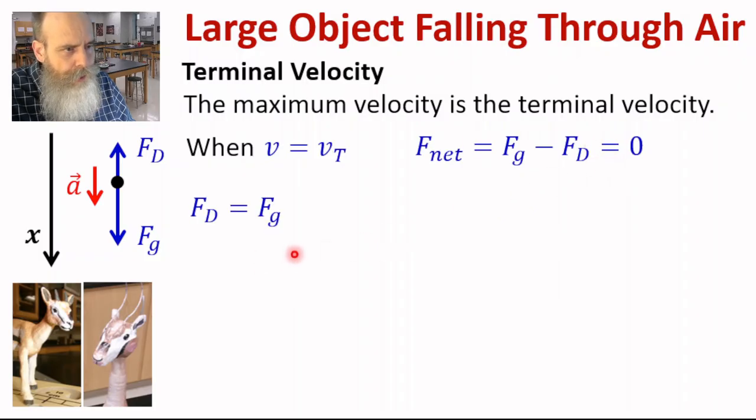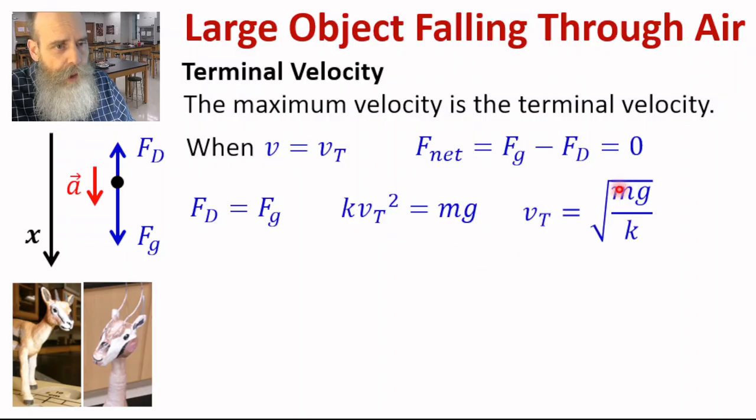So Fd equals Fg. Fd is kv squared for a large object. It's inertial drag. And when v is vt, Fd is kvt squared. So kvt squared equals mg. Solve for vt. vt is square root mg over k. We just saw this. Square root mg over k is the a in our equation.